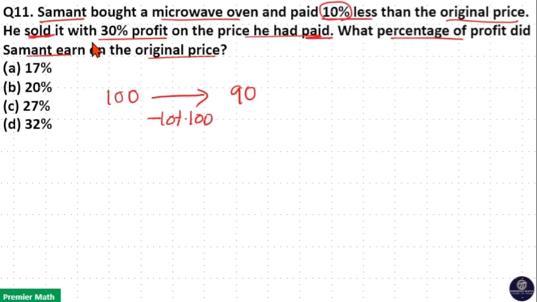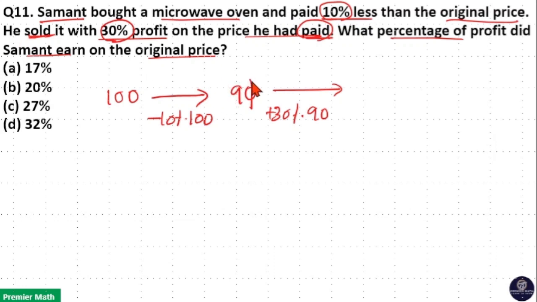Again, he sold it with 30% profit on the price he had paid. He paid 90 rupees, so he sold it with 30% profit on this 90 rupees. Here, 100% of 90 is 90. 10% is 9. Then 30% is 9 into 3, 27.